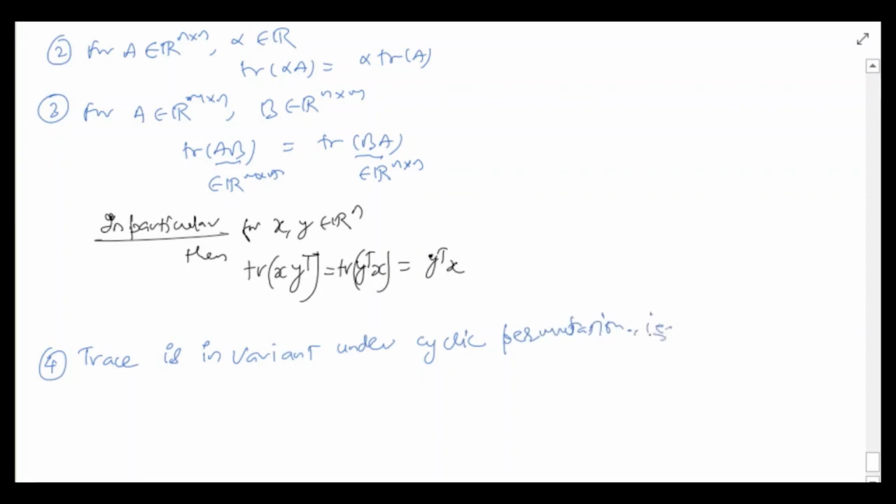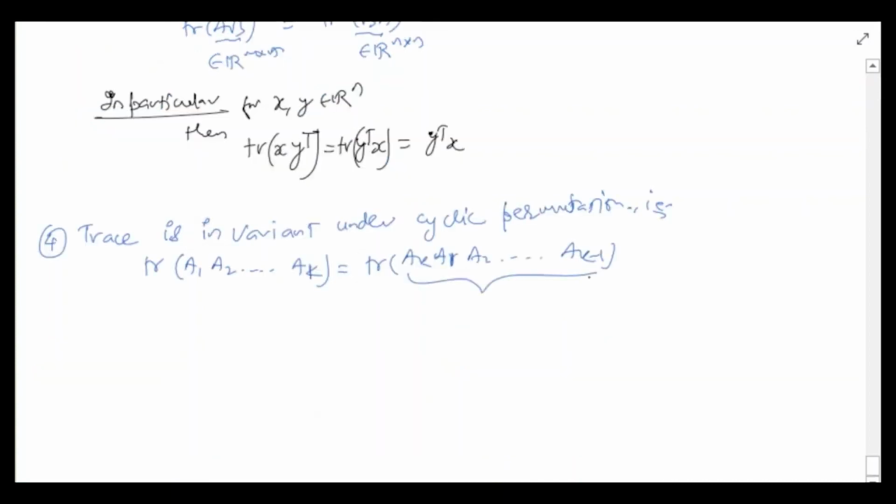It means that if we consider k matrices A1, A2, dot dot dot, Ak such that they can be multiplied, then trace of their multiplication will be trace of Ak, A1, A2, dot dot dot, A k minus 1.